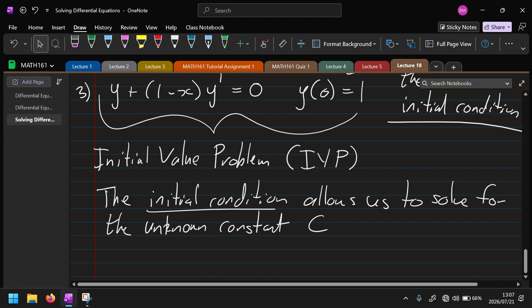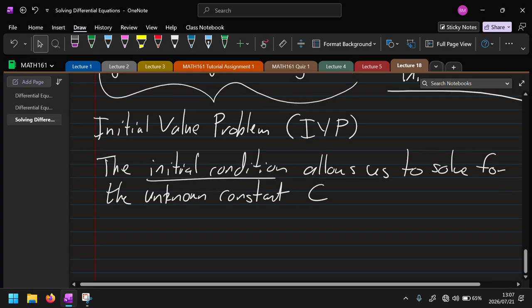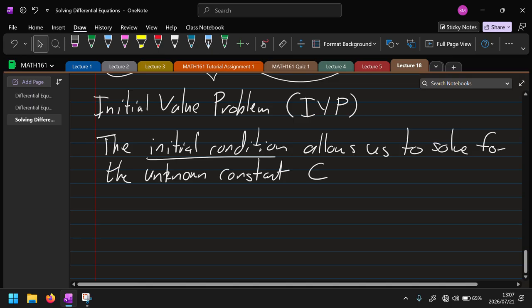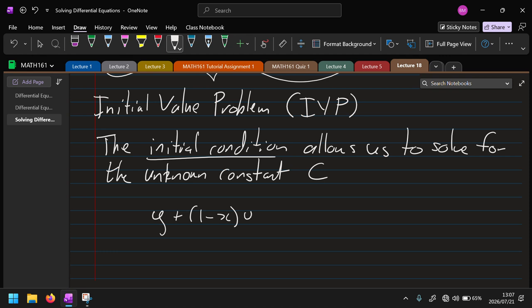Okay, so let's go through this one quickly. Very simple. Let's take all the stuff over to their proper sides. So we're going to have y plus 1 minus x y prime is equal to 0. Let's rearrange.